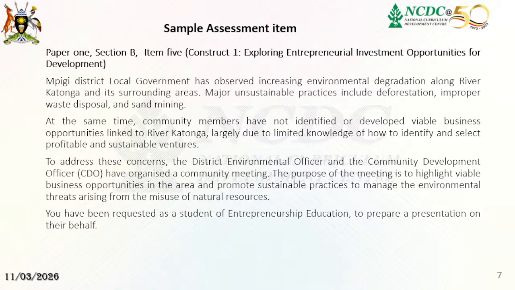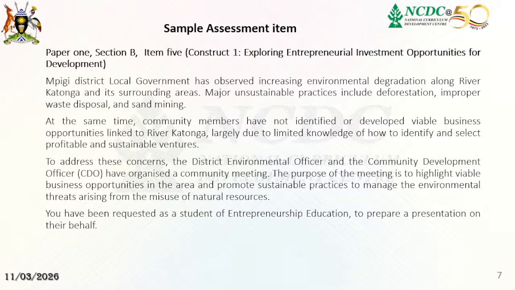However, for this presentation, I extracted item 5 from paper 1, section B. And this construct is exploring entrepreneurial investment opportunities for development. That's where this sample test item was extracted from. I can take us through the item.